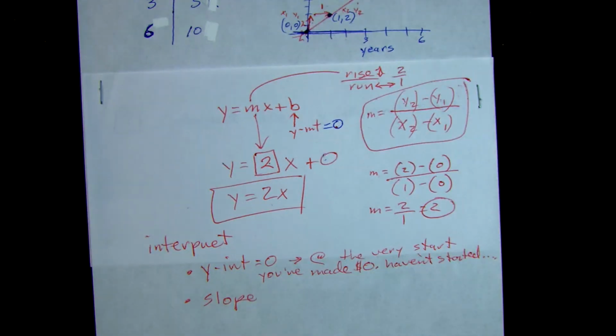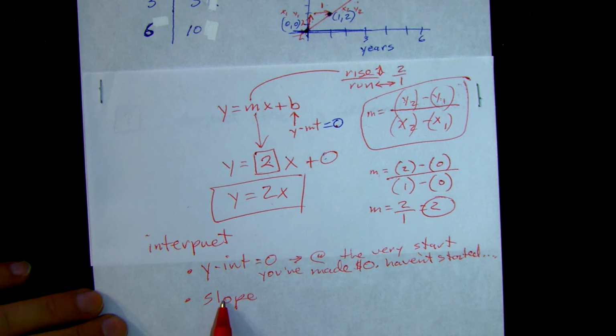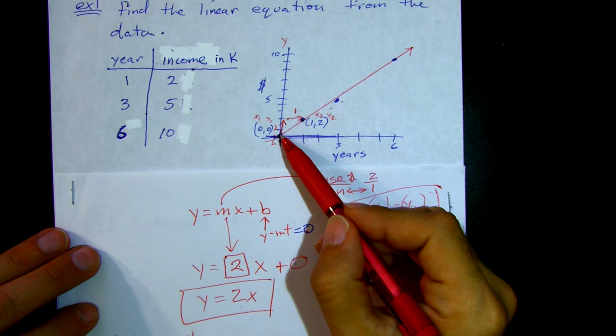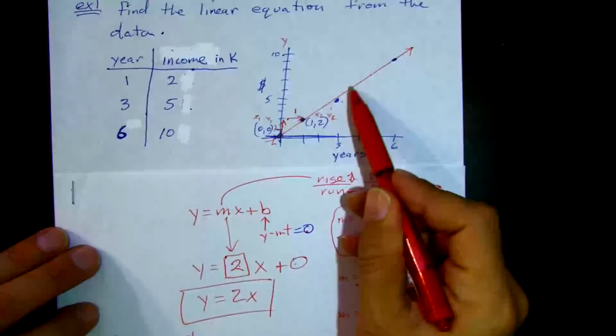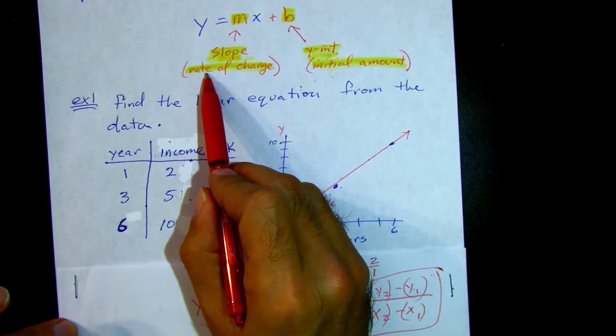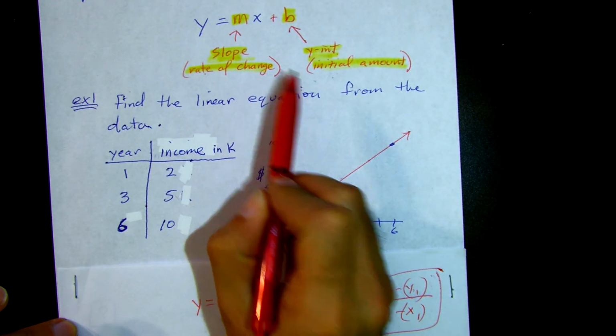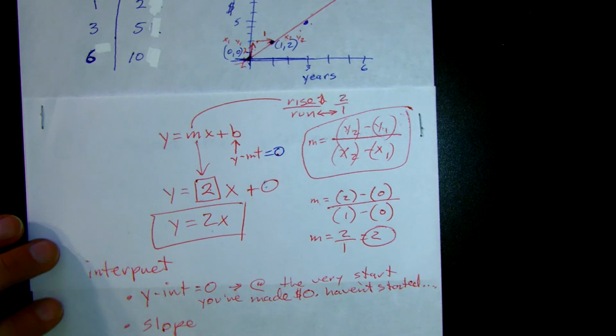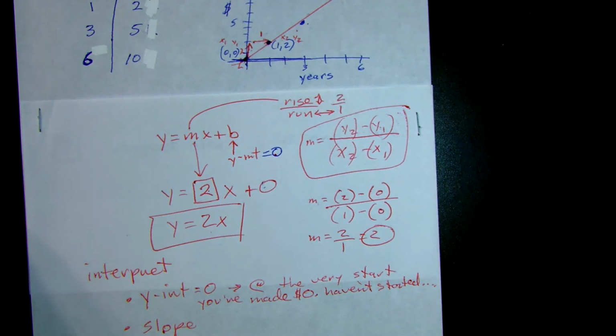Now, what is the slope? The slope is how quickly your income is increasing. It's the rate of change of your income. No, there isn't an exact answer.